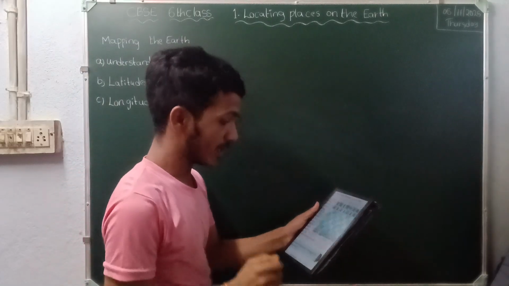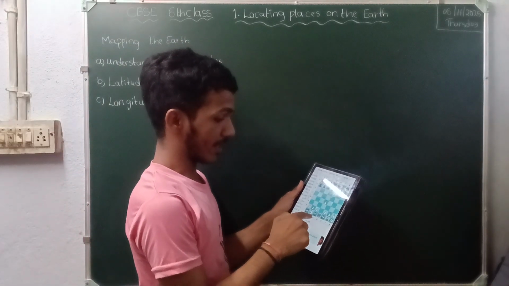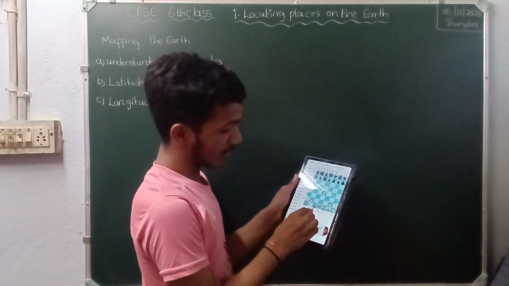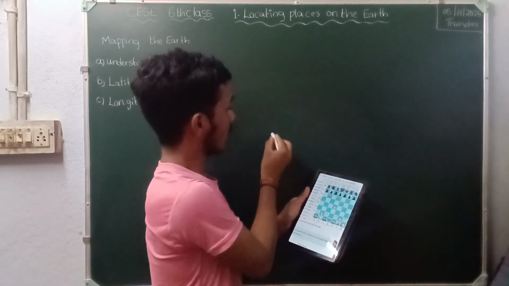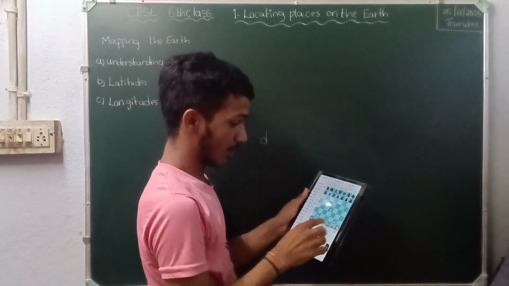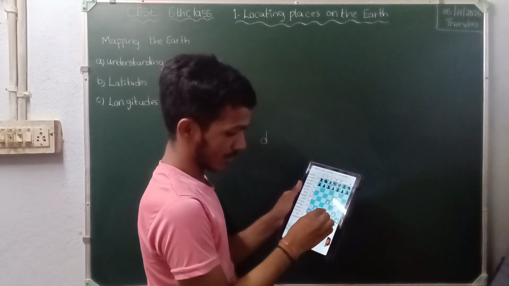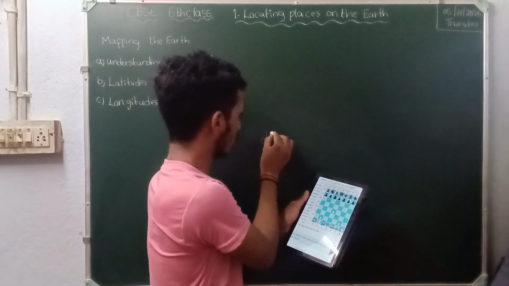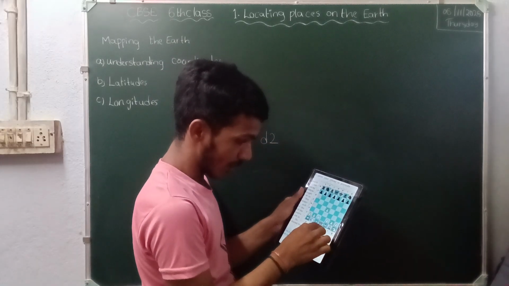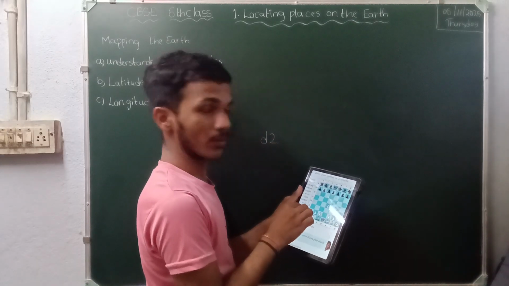The location of D is the fourth column, counting A, B, C, D. So D2 means the fourth column as well as the second row.